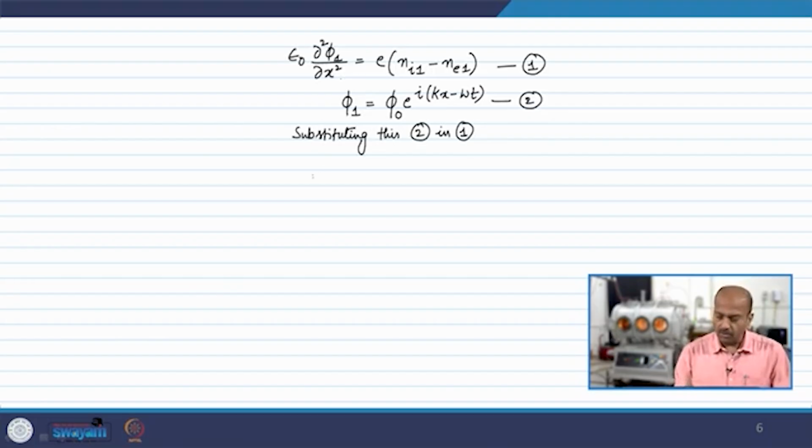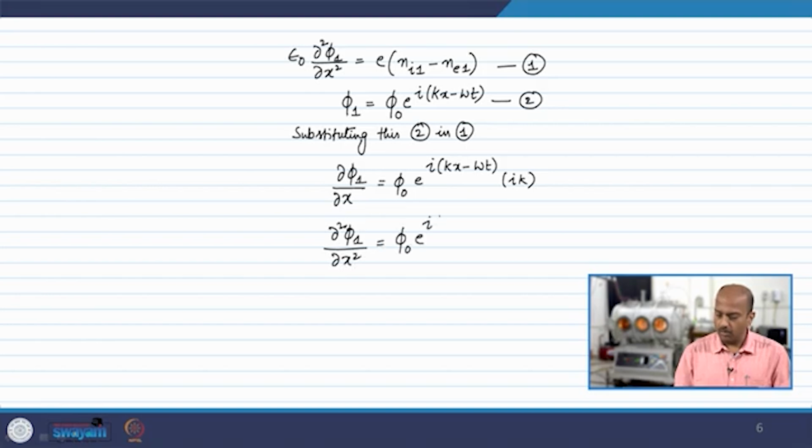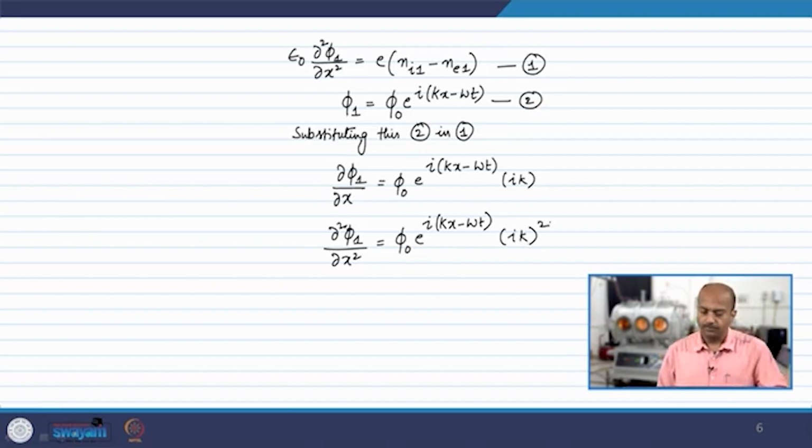When you substitute this, dphi1/dx would be phi naught e to the power of i(kx minus omega t) times ik, and d squared phi1/dx squared will be phi naught e to the power of i(kx minus omega t) times (ik) whole squared.